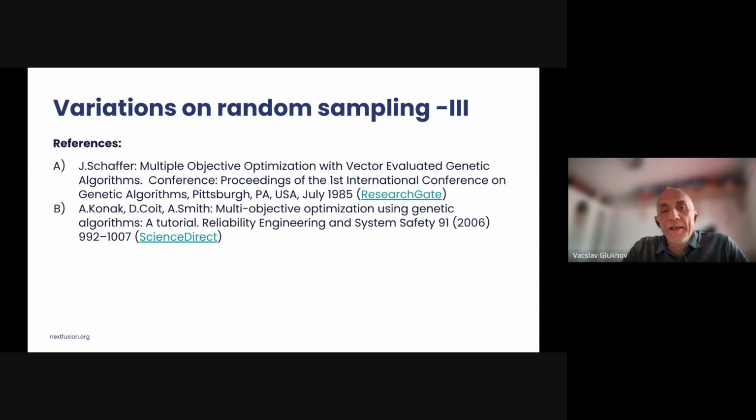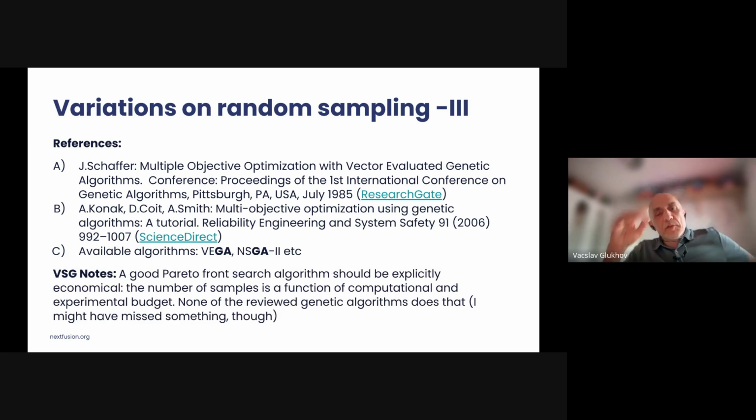Also, regarding the random search, what I would like to see is a set of algorithms that explicitly takes into account the fact that we have a limited budget on a physical experiment or a computer experiment. The whole point of multi-objective optimization in a large design space with functions that are difficult to optimize is that we have a budget for our experiments.